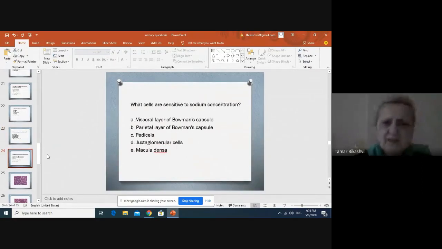Okay, what cells are sensitive to sodium concentration? Visceral layer of Bowman's capsule, parietal, pedicel, juxtaglomerular, or macula densa.